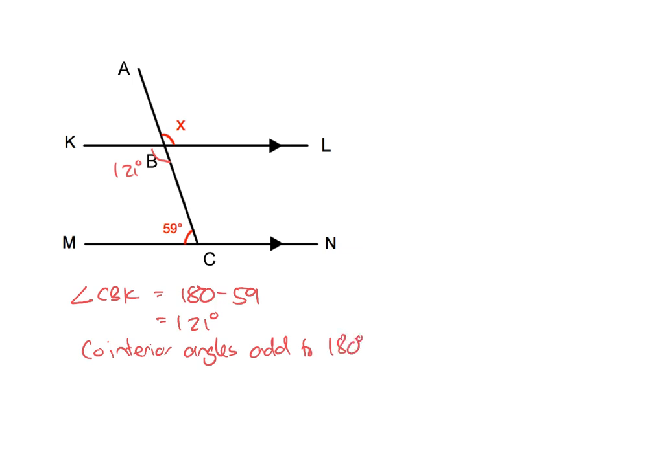So that gets me the marks for that one. And then I can just state that X equals 121 degrees. And my reason for that is that opposite angles are equal. So you can see there that I've had to do two short sentences because I've had to work out two angles.